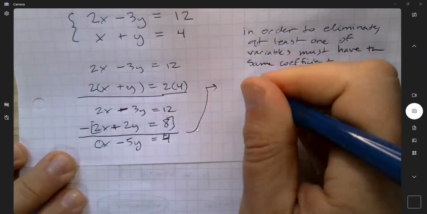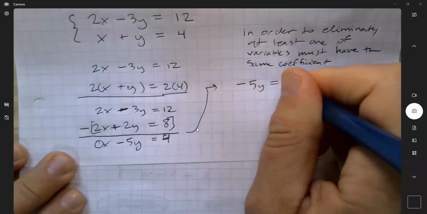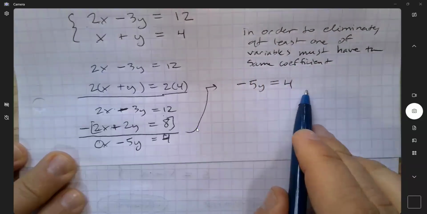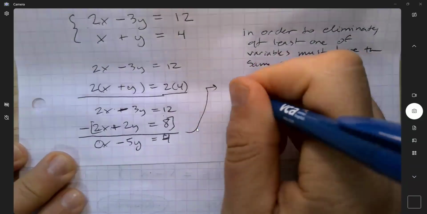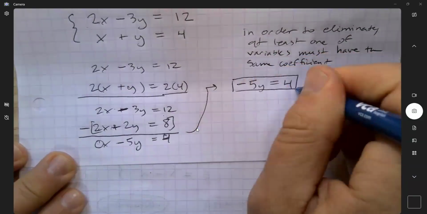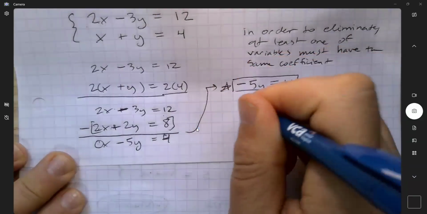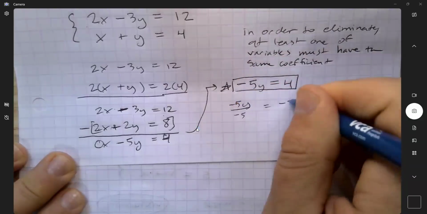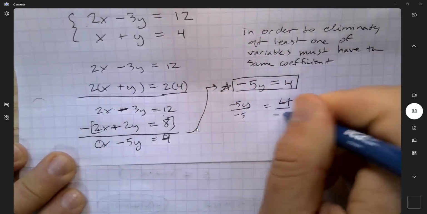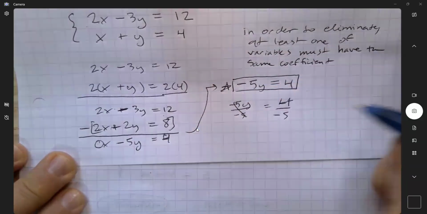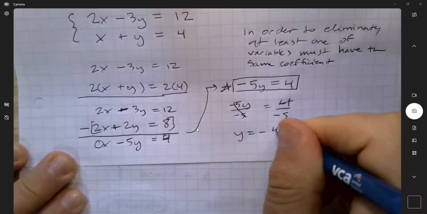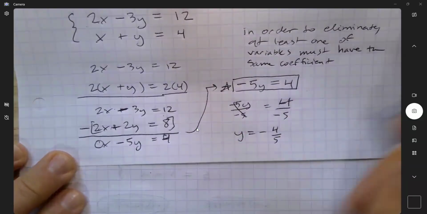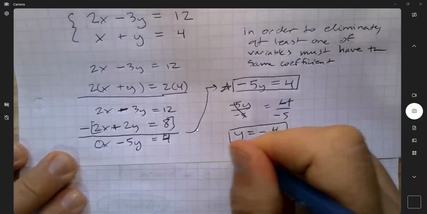So now I have an equation in just one variable that's much easier to solve. Minus 5y equals 4. And I'll solve that by dividing both sides by minus 5. And I get y equals negative 4/5. There's one of my solutions.